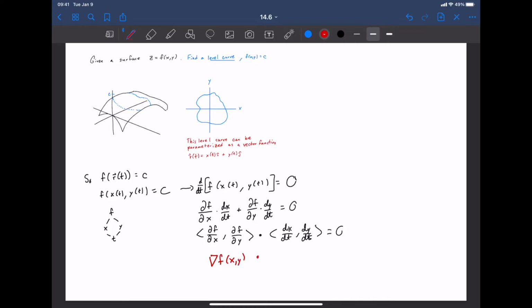And the one on the right would be the derivative of the position function for that level curve projected into the xy plane. And that is always true. If you define a parameterization of a level curve, it will always have a dot product with the gradient that results in 0.